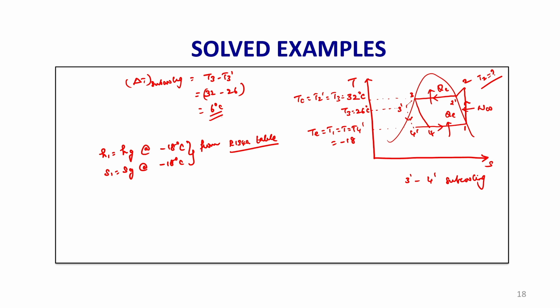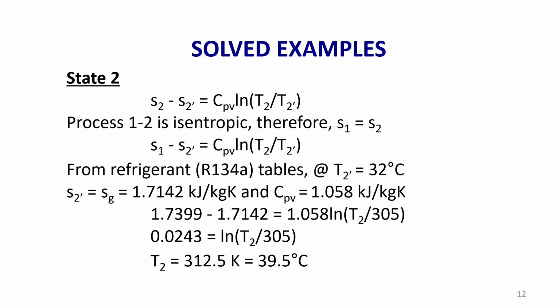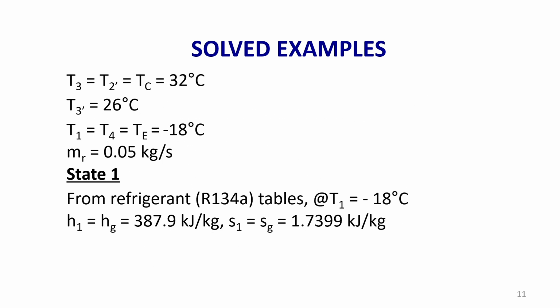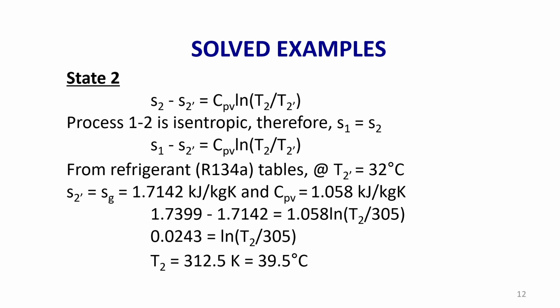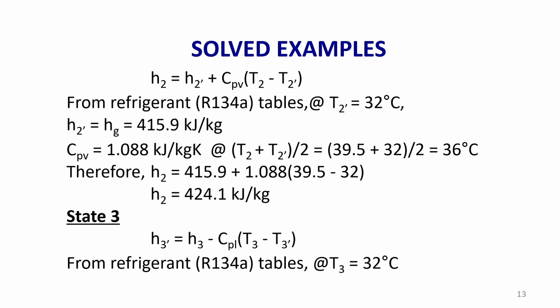Like the previous method, consider the process 1 to 2. S2 minus S2 dash is equal to Cp of vapor into ln of T2 by T2 dash, the same formula. Process 1 to 2 is isentropic.